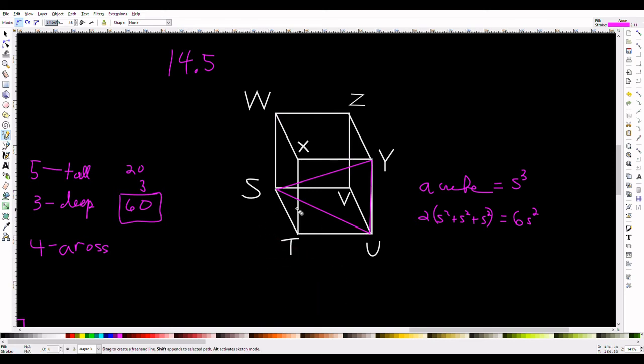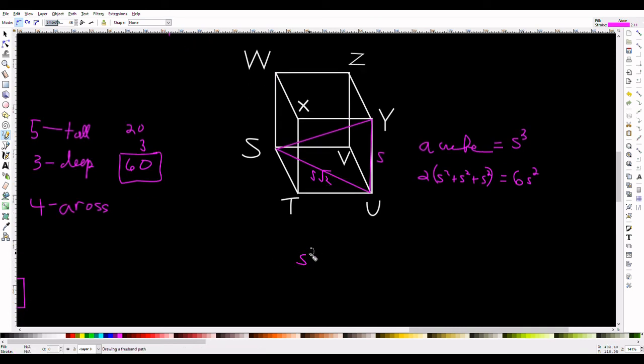So on this triangle, we know that UY is S. What's SU? Well, we have a 45, 45, 90 triangle. SU is going to be S square root of 2. And we still have a right triangle in SUY. So we can find the hypotenuse using the Pythagorean theorem.